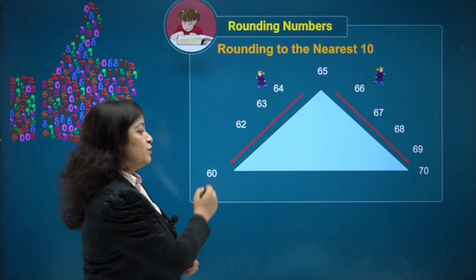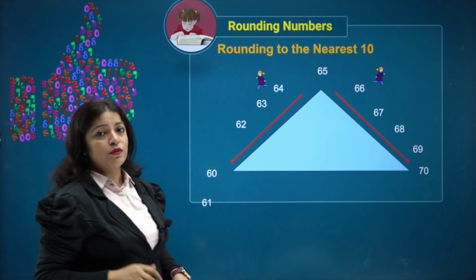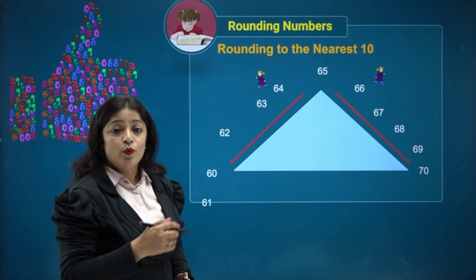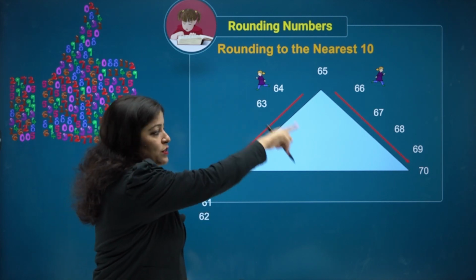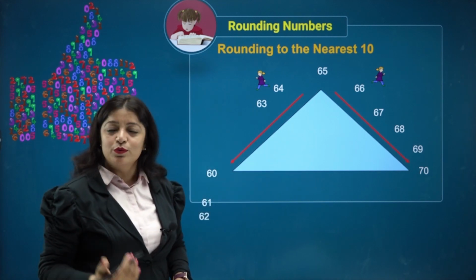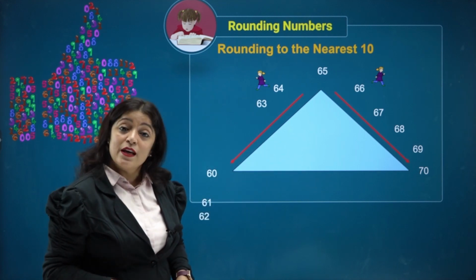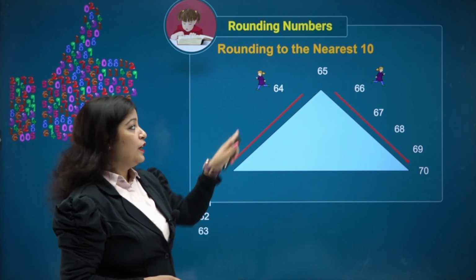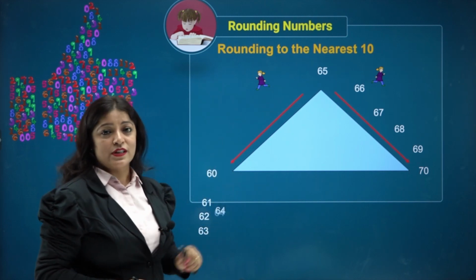Second time, suppose you started again and reached 62, then got tired again. Where will you come down? Obviously you will come down to 60. And the same you will follow. If you go to 63, you will come back to 60. If you go to 64, you come back to 60.